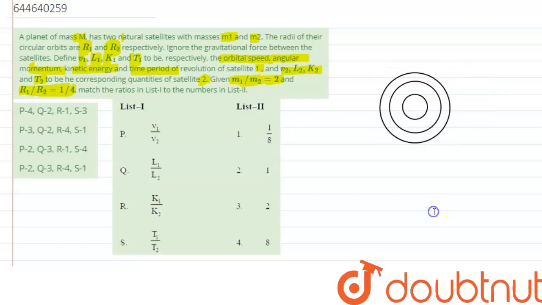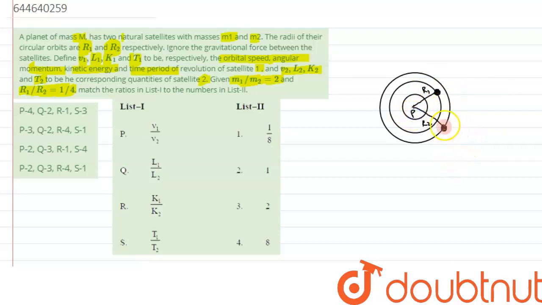From the center we can mark the radius. This one has a radius of r1, and this orbit has a radius of r2. Here is satellite 1, here we have satellite 2, and this is our planet P.